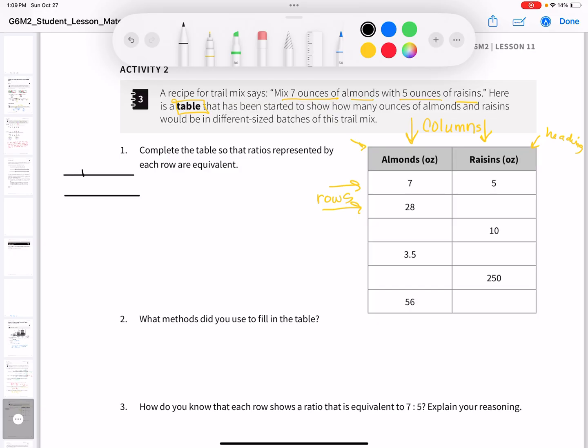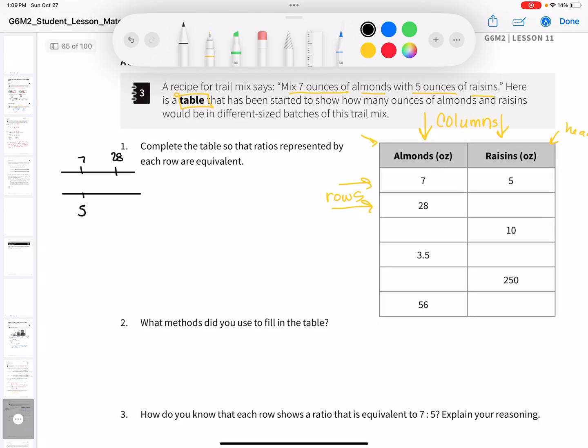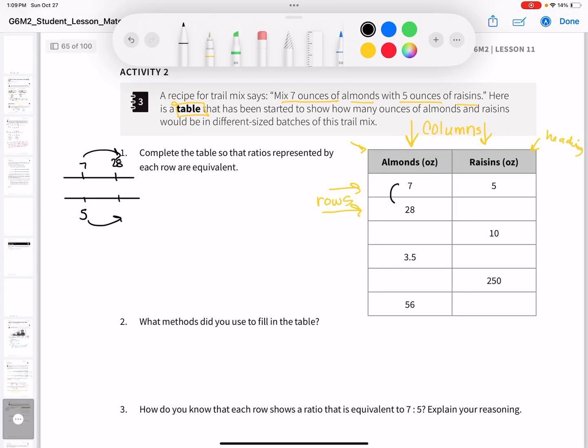If we had 7 and 5 and we wanted to get to 28, we would go this way, right? Instead of going across, now we're going down. Okay, so 7 times what equals 28? Well, I know 7 times 4 is 28. So I'm going to do 5 times 4 to get my new number for this row, which would be 20. So 7 to 5 is the same or equivalent ratio as 28 to 20.